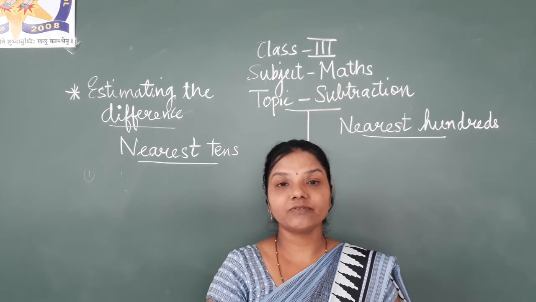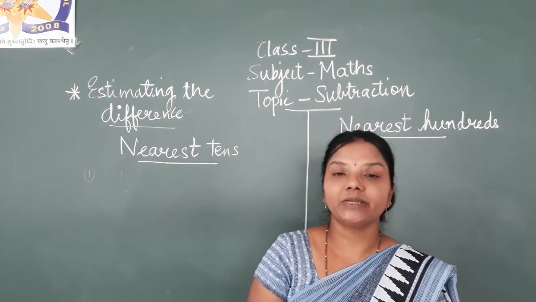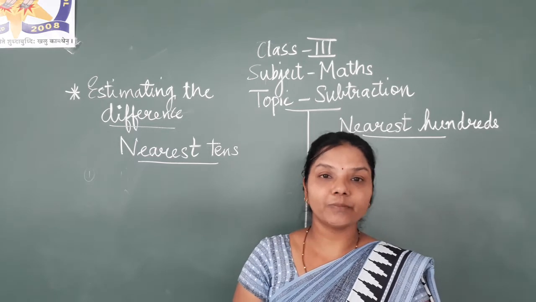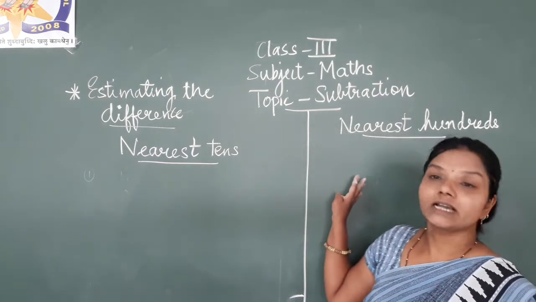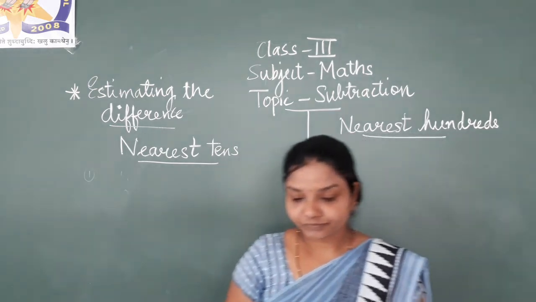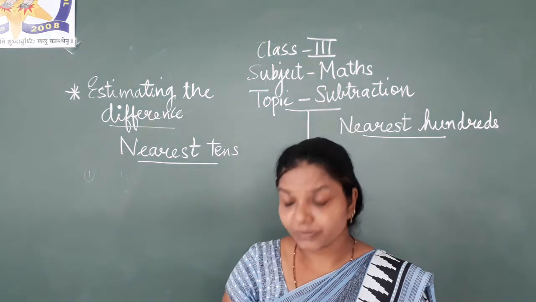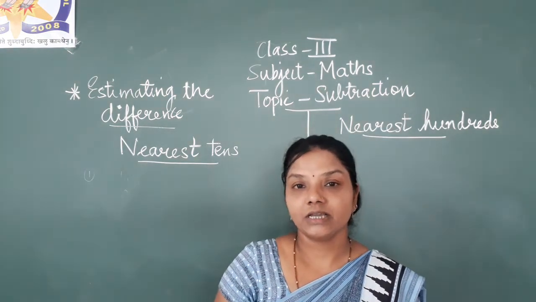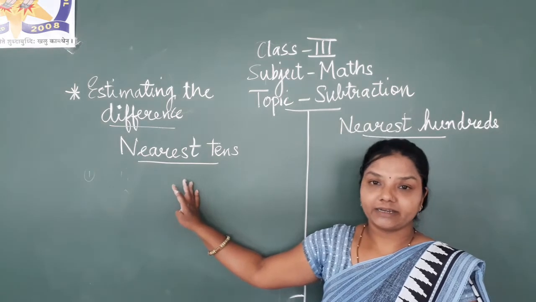So, let us start with estimating the difference. Again, we are going to round off the numbers first to nearest 10 and nearest 100. So, we will take the examples which are solved on page number 57. Let us start with the first topic, that is nearest 10.